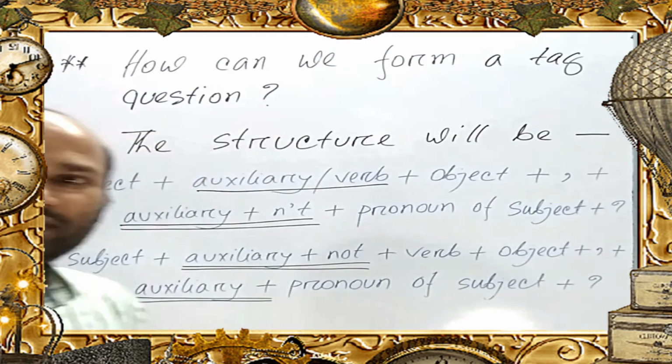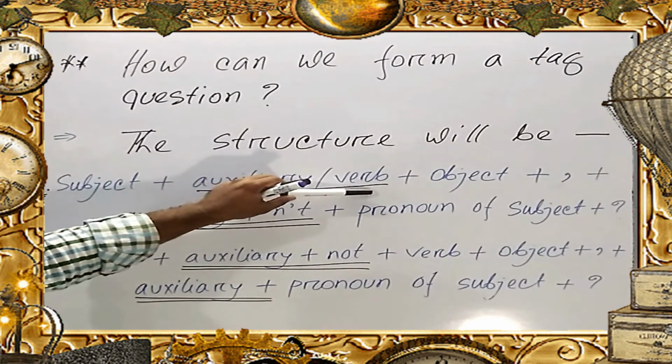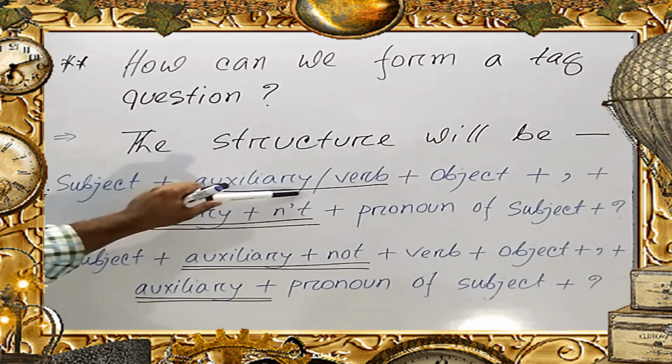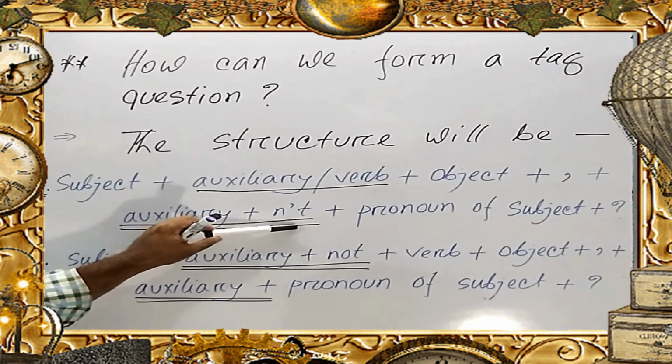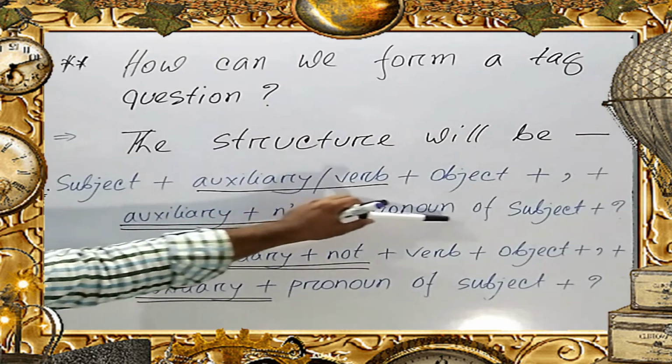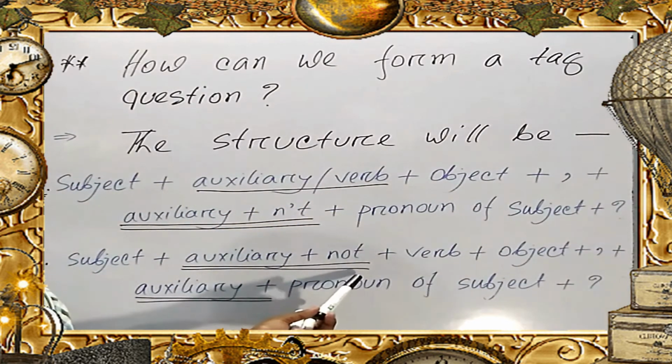So let's check out once again. Subject plus auxiliary or verb. If the statement is affirmative, you should use the negative form of auxiliary and the pronoun of the subject. And if the statement is negative, you should use only the affirmative form of auxiliary.